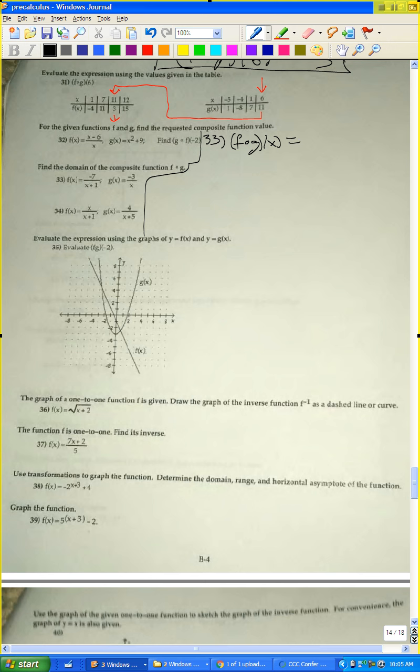Wherever I see an x in the formula for f, I replace x by the formula given by g. So negative 7 over x, which is negative 3 over x, plus 1. Now, when finding the domain of a composite function, don't simplify, because whenever finding any domain, simplifying will change the domain.